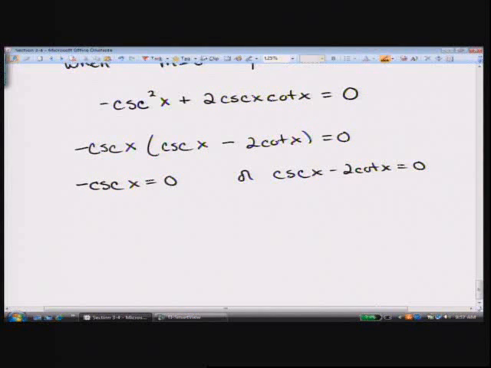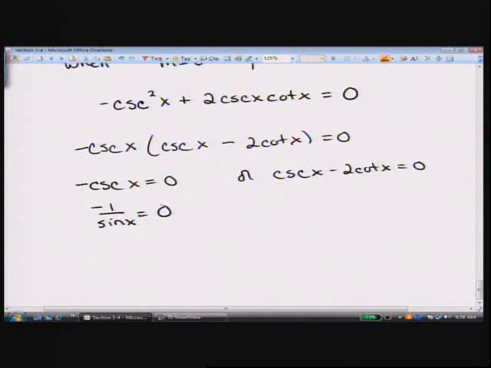Okay, and so this is saying, where does negative 1 over sine x equal 0? Anybody have an idea? When can a fraction equal 0? Well, only if the numerator were 0, right? But the numerator on this fraction is negative 1. It'll never be 0. You can try all day long, but it won't be.